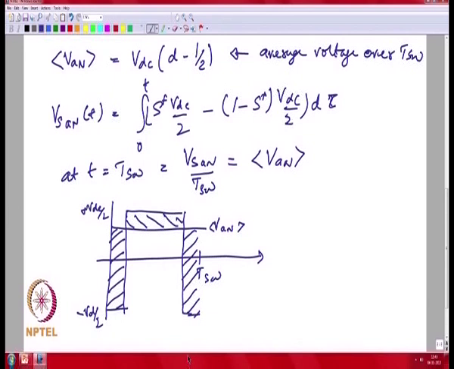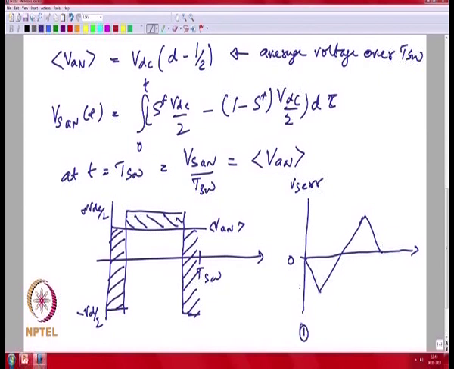If you look at the volt second error that you are building up, again assuming that your error is 0 to start with, you start off with 0, you have some negative volt second error, then your volt second error goes to the other side and comes back. So if this was instant 1 at which you are updating your PWM operation, the point at which your error comes back to 0 is at TSW by 2, and at TSW and subsequent points.